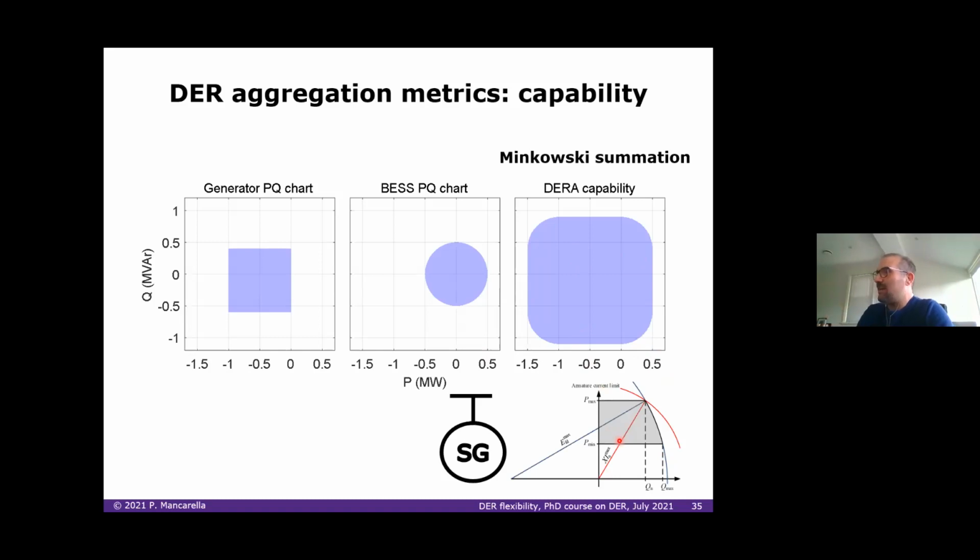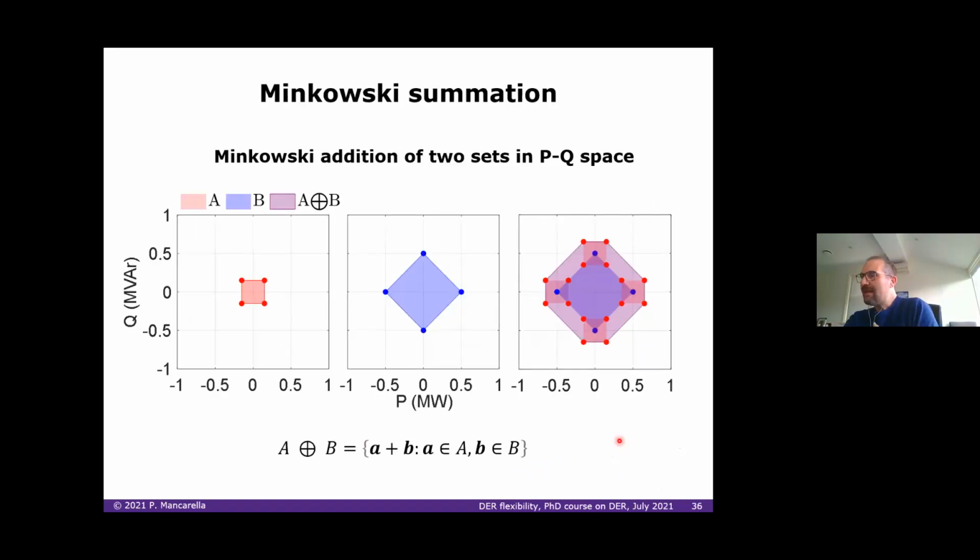So what we're doing here is effectively trying to see how we could represent the aggregation of DR as a synchronous machine, going back to what I mentioned earlier, the virtual power plant concept. That's what we're trying to do here, although we're still only looking at steady state characteristics of the system. So in terms of Minkowski sum, and there is more in the paper.